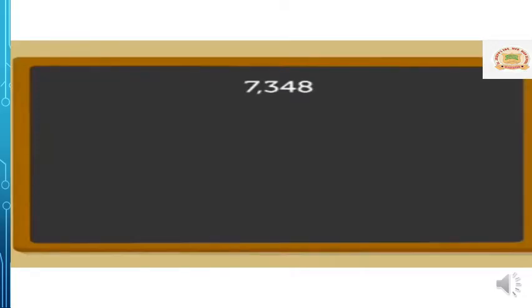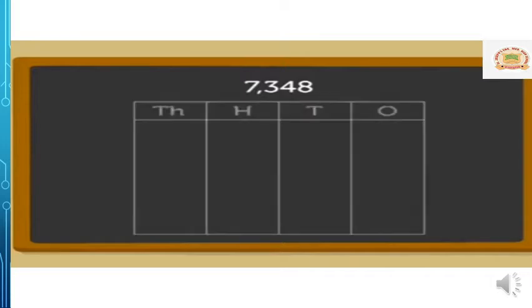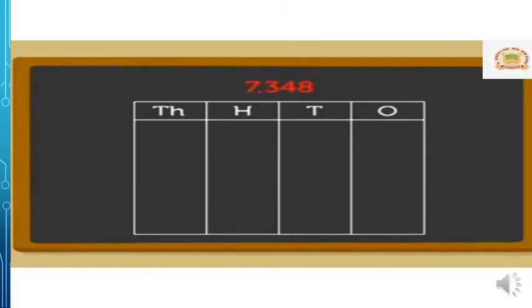Here we are going to learn how to form expanded form. Okay, so let's take one example, 7348. We'll arrange it on the place value chart: thousands, hundreds, tens and ones. So read one more time, 7348. On the thousands place 7 is there, on the hundreds place 3 is there, tens place 4, and ones place 8.